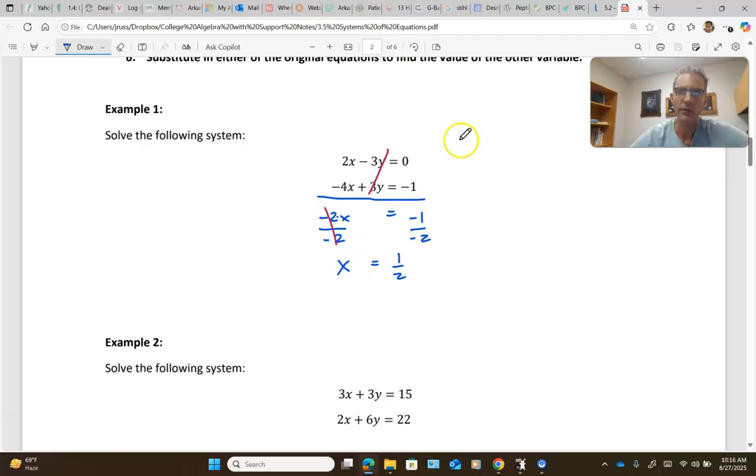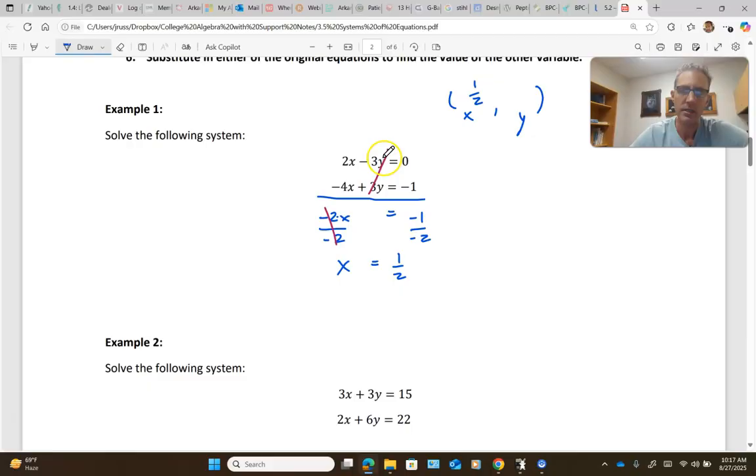Alright, so we know the value of x. We've partly solved this system. The value of x is going to be 1/2. Now we need to figure out the value of y. Well, once you know the value of x, you can simply substitute that value in for x in either of these two equations, and then solve it for y.